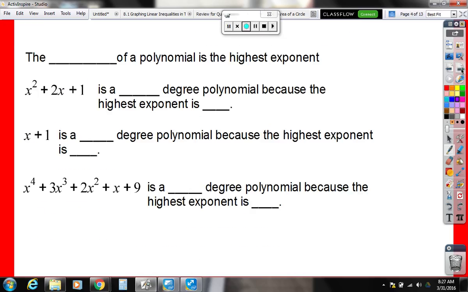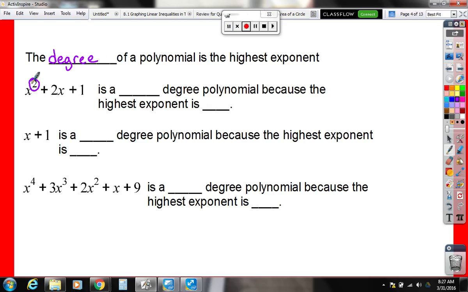The other kind of quick thing that we need to talk about is degree. The degree of a polynomial is just the highest exponent. So we look at the exponents, the small numbers, and we look at which one is largest, and we name the polynomial's degree based on that exponent. So this polynomial has an exponent of 2.